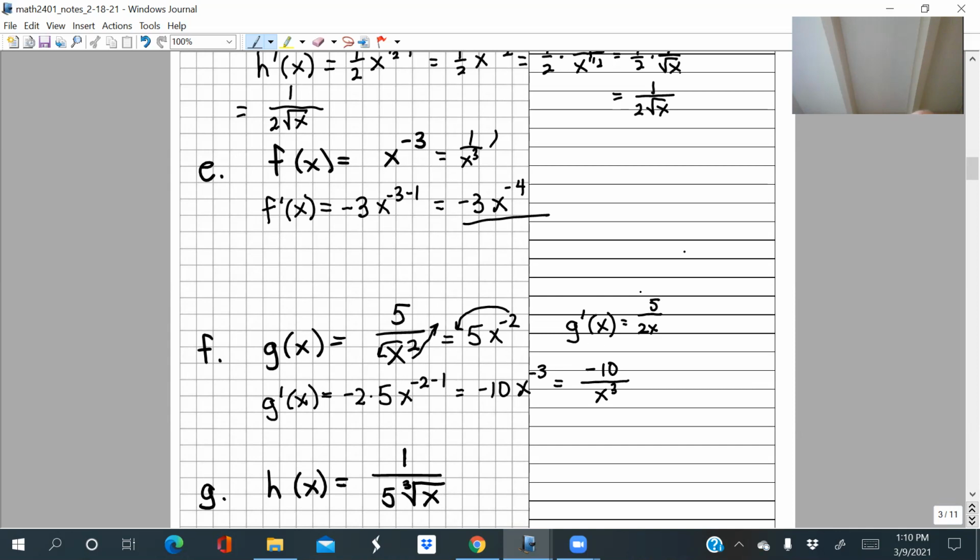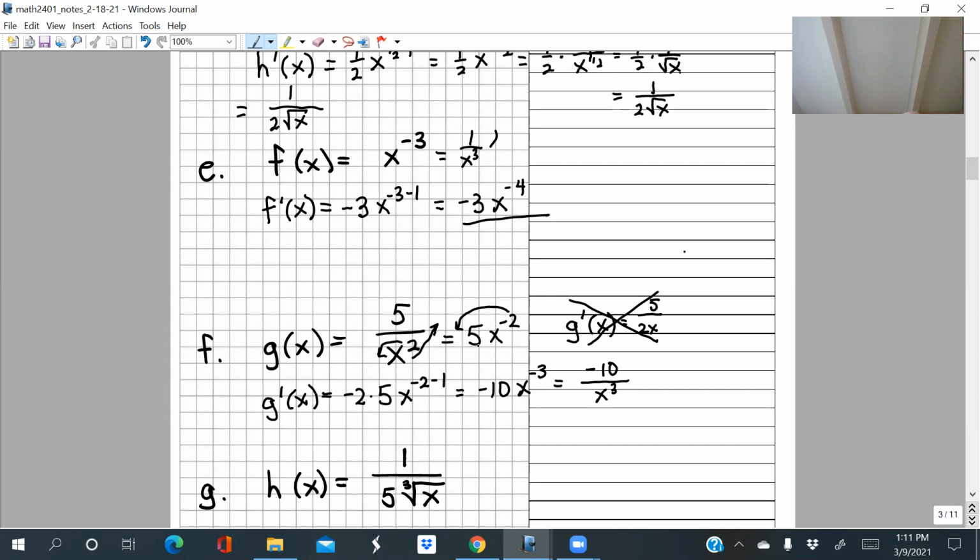So students will write this as the answer, but that is not the answer, because this is not quite a power. You have to write it as 5 times x to the minus 2 first, before you can apply the power rule.